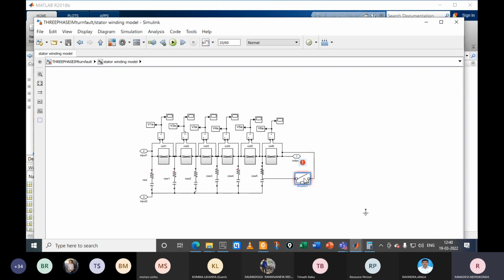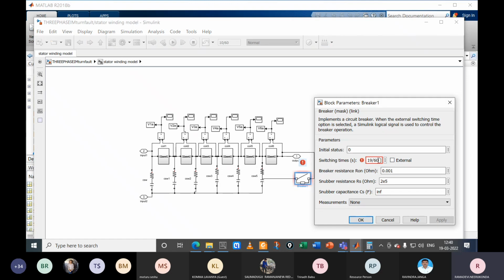Out of 60 cycles, at the 19th cycle we created the fault, with a breaker resistance of 0.001 and a snubber resistance of 2E5.